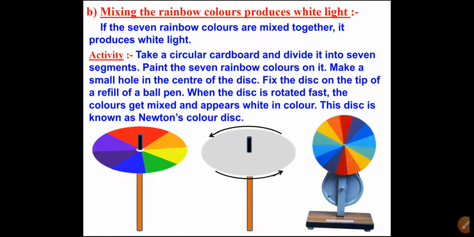Mixing of rainbow colors produces white light. This is the activity which you have to do. You have to take a cardboard sheet in circular shape and divide this cardboard sheet into 7 equal segments, and then paint these 7 segments with the different colors like red, yellow, green, all these 7 colors, indigo, violet.